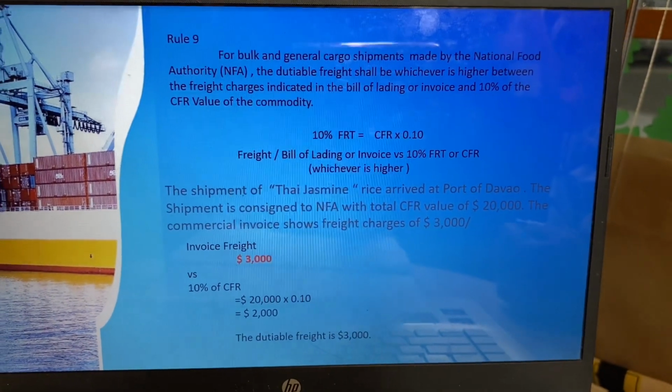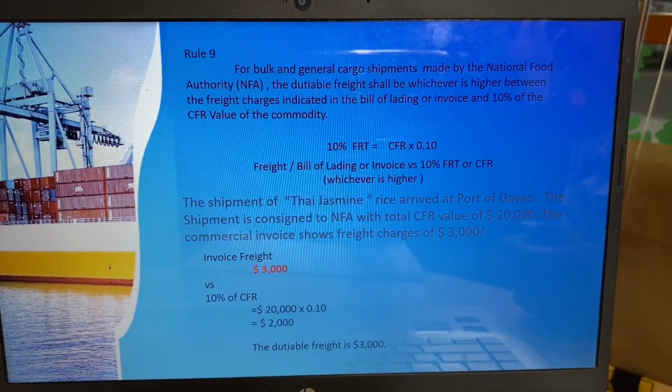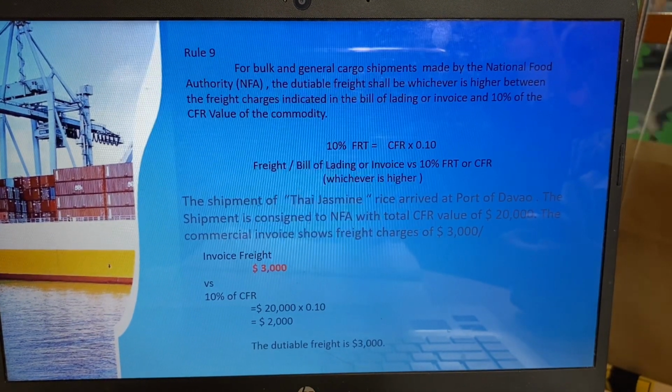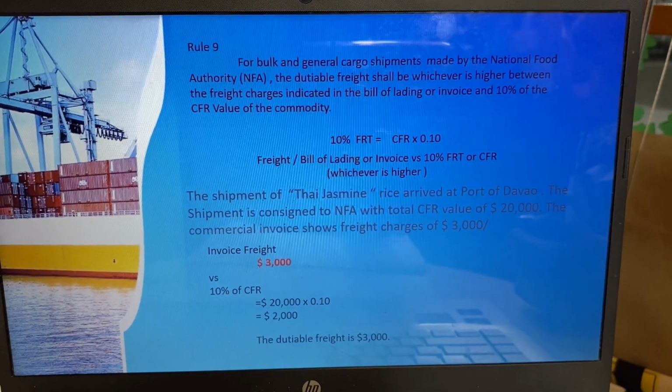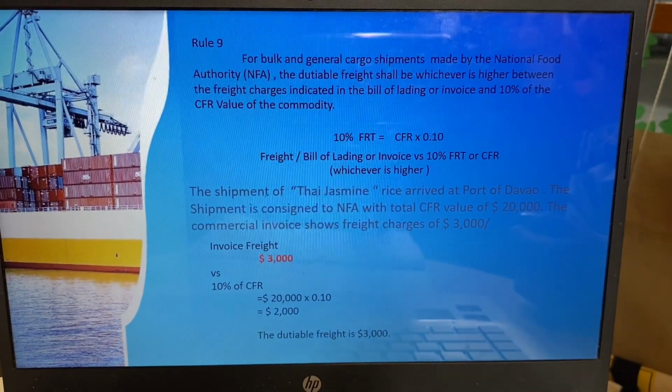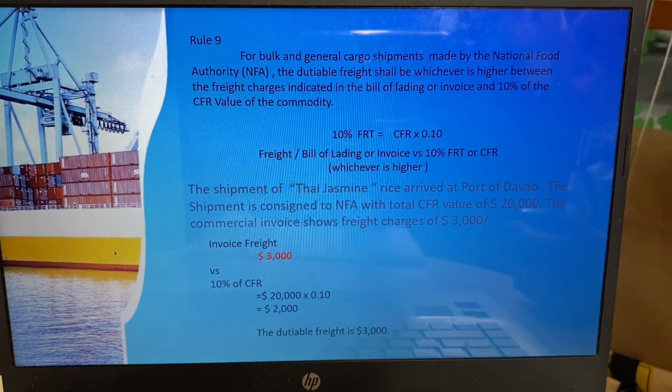So example number 9, a shipment of Thai jasmine rice arrived at Port of Davao. The shipment is consigned to NFA with total CFR value of $20,000. The commercial invoice shows the freight charges of $3,000.